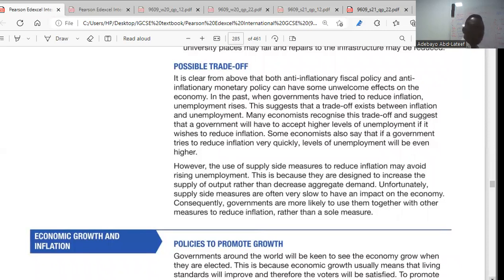It does not disturb aggregate demand. Do you get it? So that's why it might be easier to use supply side policy.